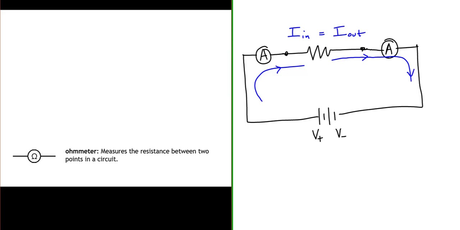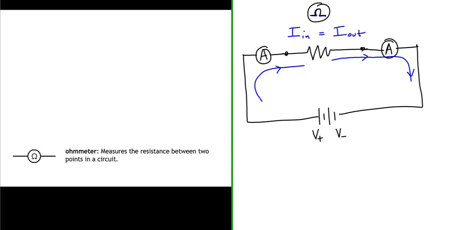And the last component that we want to talk about right now, at least, is the ohmmeter. The purpose of the ohmmeter is to measure the resistance between 2 points in a circuit. The thing about an ohmmeter is you would attach it in such a way where its leads connect to 2 different points in your circuit, typically across the component you're interested in.